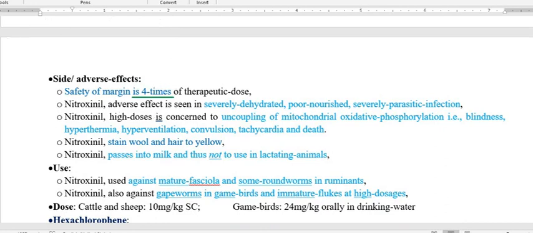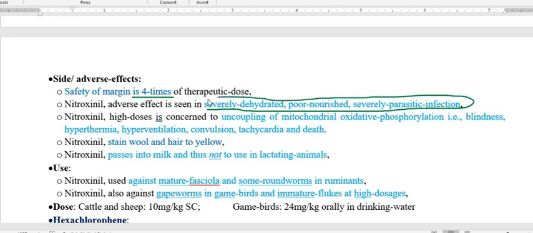Usually, if we analyze all the antitrematodal or other anthelmintic drugs, we will find that if we administer the anthelmintic in a poorly nourished animal, a severely dehydrated animal, or an animal with a severe parasitic load, the drug is going to produce some type of adverse effect.